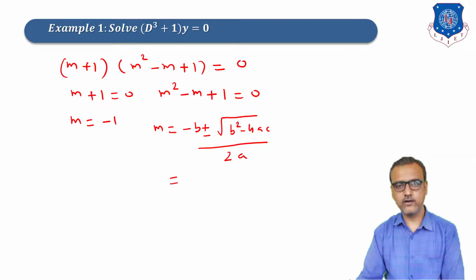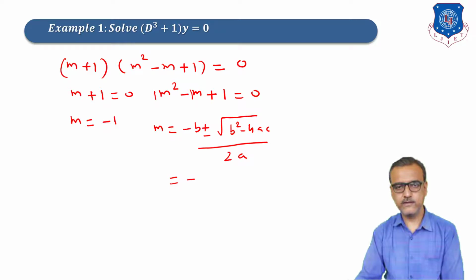Now what are the values of a, b and c? Here the coefficient of m square is 1, so a is 1. The coefficient of m is minus 1, so b is minus 1, and the constant term is 1, so c is 1.